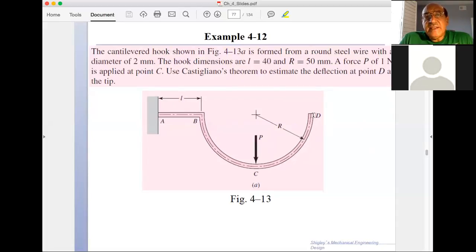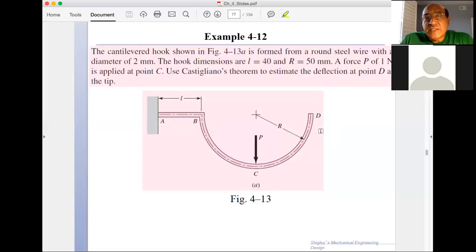So the idea here is that if we need the deflection under the force P, then we write the energy for the section AB, BC, and CD. We add up all of the energies, and then we take the derivative with respect to P, because we want the deflection along the direction of the force P. However, we don't want this. We want the deflection at the tip, D, where there's no force.